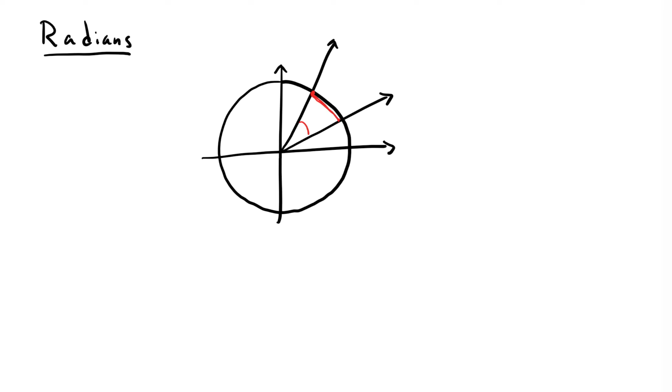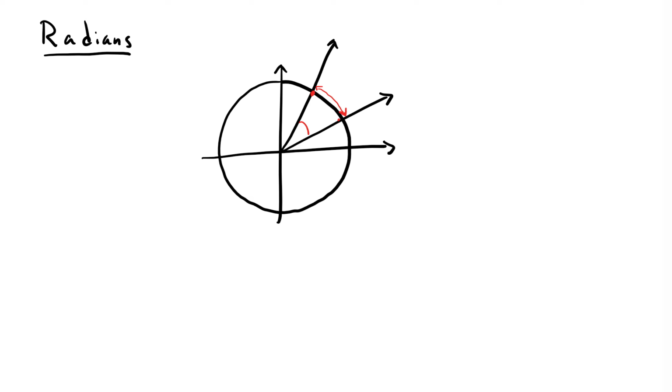Or I could use the arc length that is spanned by the angle. And that's the way we're going to use in this course, and the one that's most often chosen. This arc length is going to be related to the concept of radians.